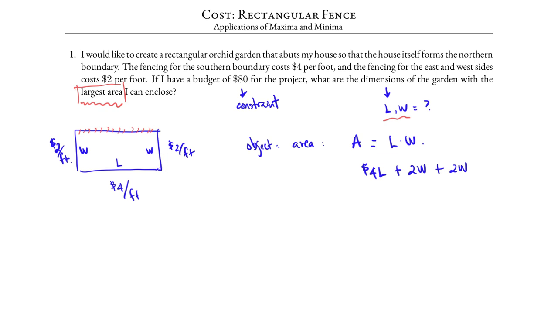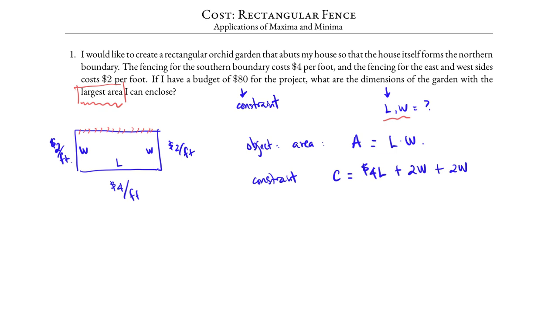For example, if we were to use 1 foot for the width, then the cost will be 2 times 1. If we use 5 feet for the width, then the cost will be 2 times 5, and so on. And this will be the cost. And this is the constraint.